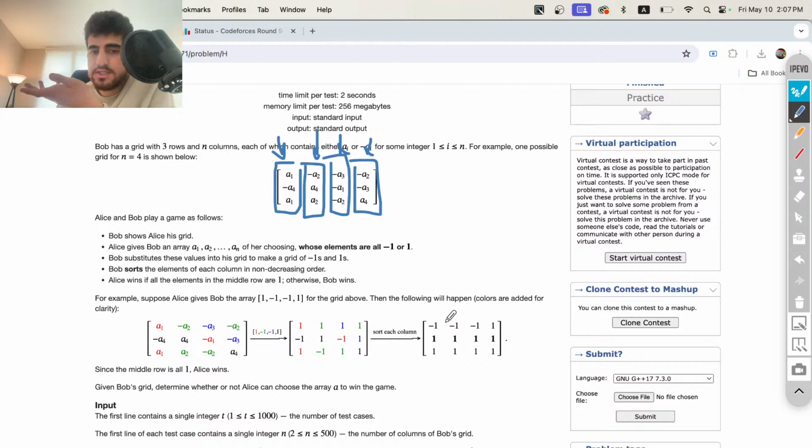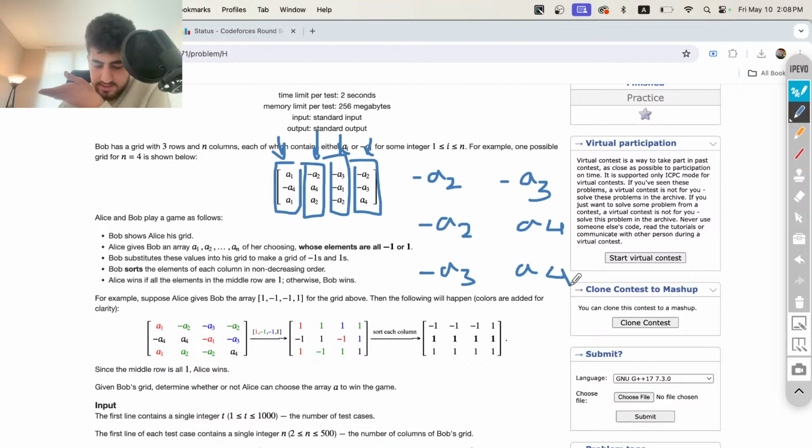In other words, it means that in each column, if you consider each two elements, they cannot both be minus ones. So for example, it's not possible that minus a2 and minus a3 are both minus ones. It's not possible that minus a2 and a4 are both minus ones. It's not possible that minus a3 and a4 are both minus ones.